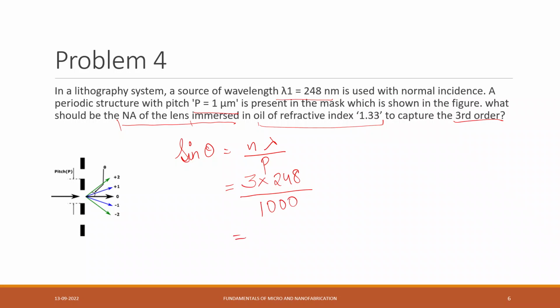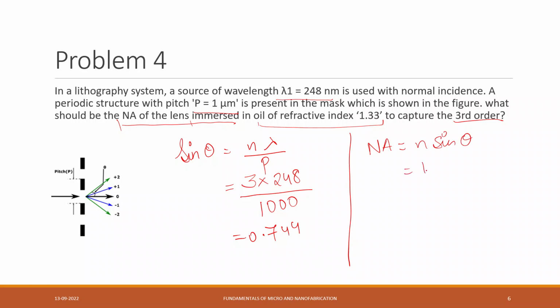Same thing, we will find the theta first. It will come at 7 point something. After that we know that numerical aperture is equal to n sine theta.